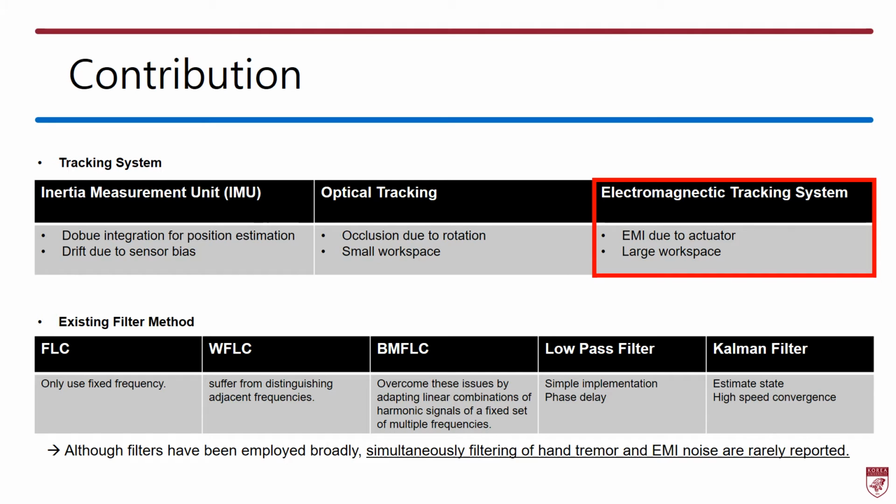And many filters that can remove hand tremor have been studied, but there are no ways to remove it along with EMI. Therefore, this study aims to design a filter that can simultaneously handle tremor and EMI as a deep neural network for handheld robot manipulation.